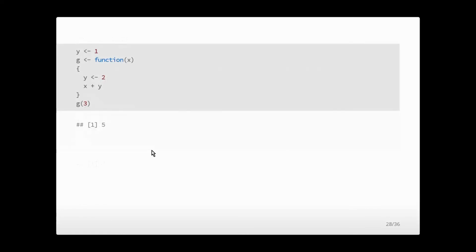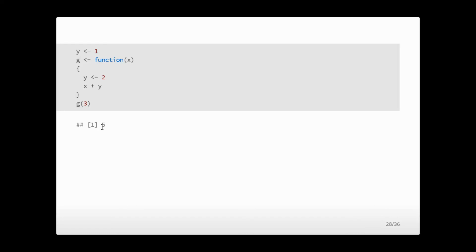However, if it finds it in its own little sandbox, it's going to use that value. So over here, g is a function of x. Inside that function, y is defined as 2, and what it's going to return is x plus y. So we say, give me g of 3, okay? It's going to plug in 3 for x, and it's going to say 3 plus y, and it goes, oh, what's y? Oh, y is 2, and it's going to spit out 5, okay? It found it inside its own little closure, its own little scope.